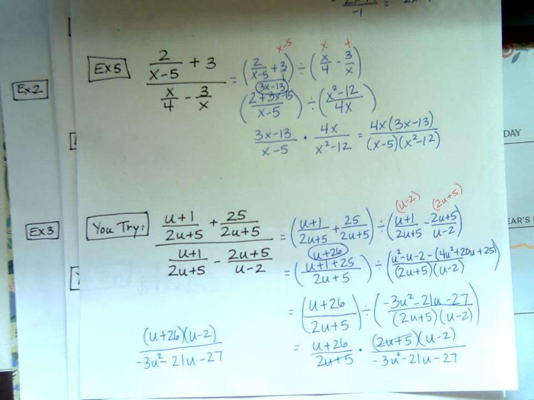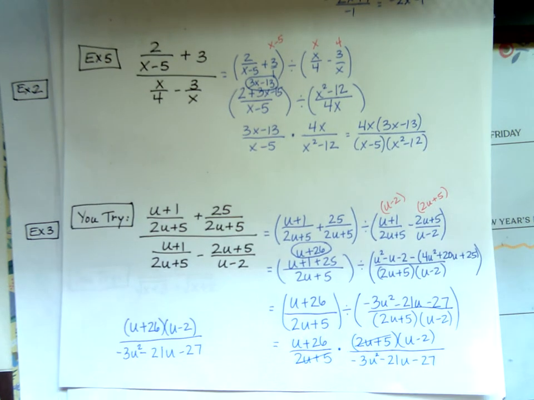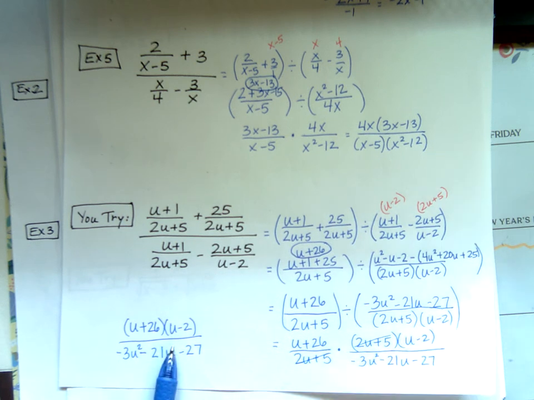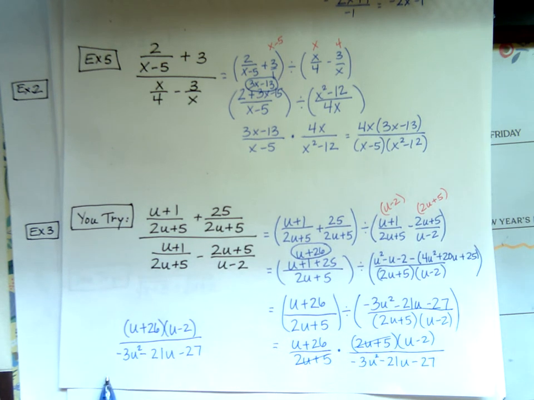All right, here's your goal. Hopefully you got there. U plus 26 over times u minus 2 over 3u squared minus 21u minus 27. Any yeses or no in the hood?